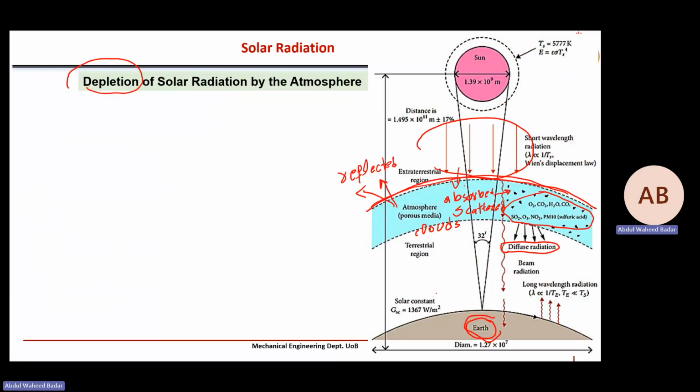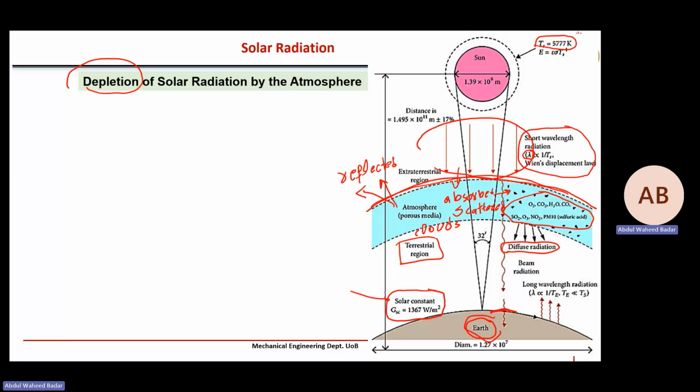earth. The sun is of high temperature. The source is a very high temperature, and as the temperature is higher, wavelength is normally smaller. So that's why we say the solar radiation is short wavelength radiation. The radiation which finally reaches on the surface of the earth is called terrestrial radiation.